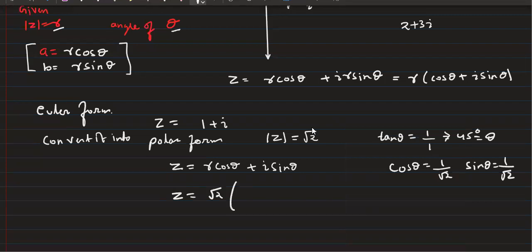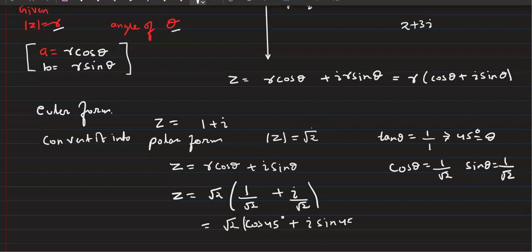If you take root 2 common, we will have 1 by root 2 plus i by root 2. This is the same as this. Or you can just write root 2 cos 45 degree plus root 2 i sin 45 degree, where I have taken root 2 common.